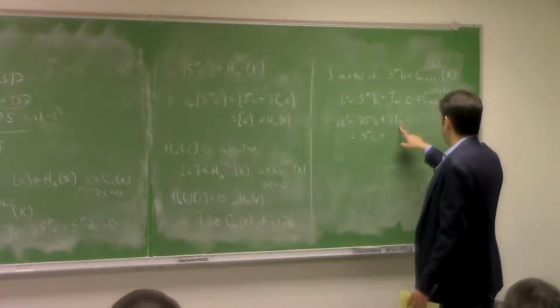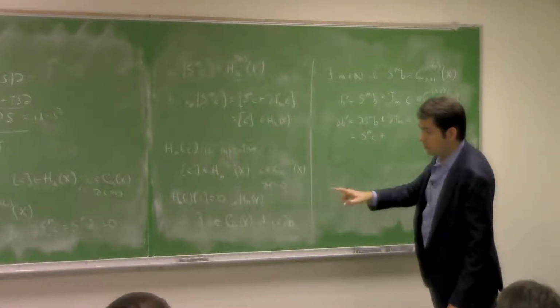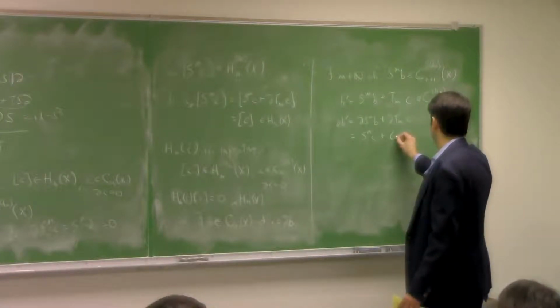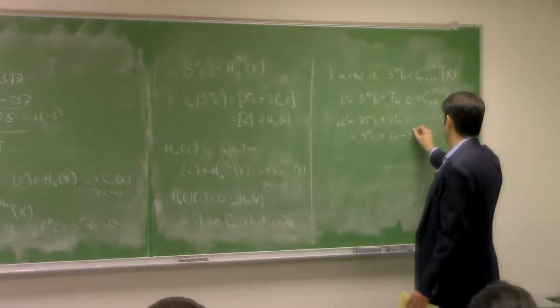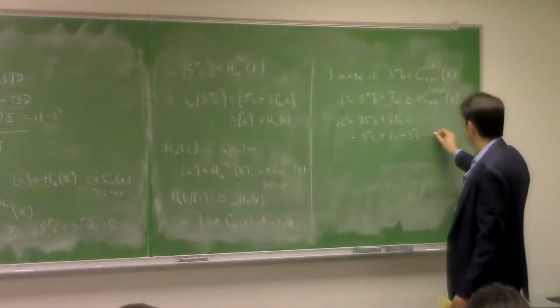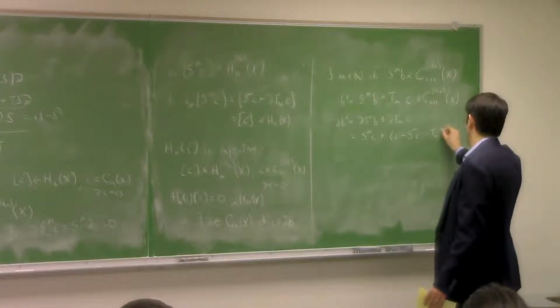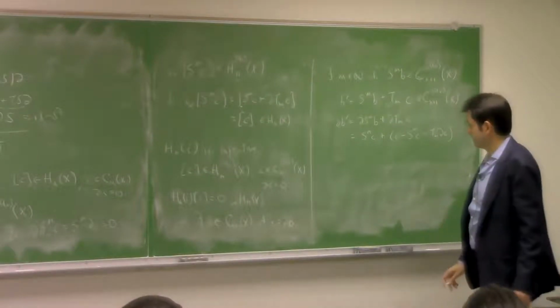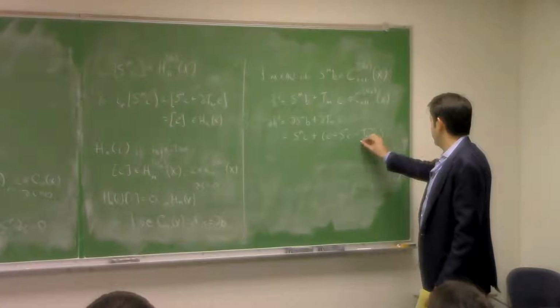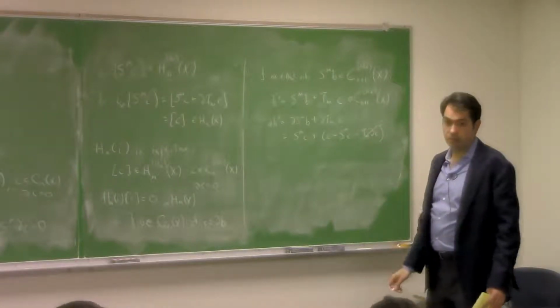And then boundary Tm of C, well, boundary Tm is equal to C minus SmC plus or minus Tm boundary C. But boundary of C is 0, because C is a cycle.